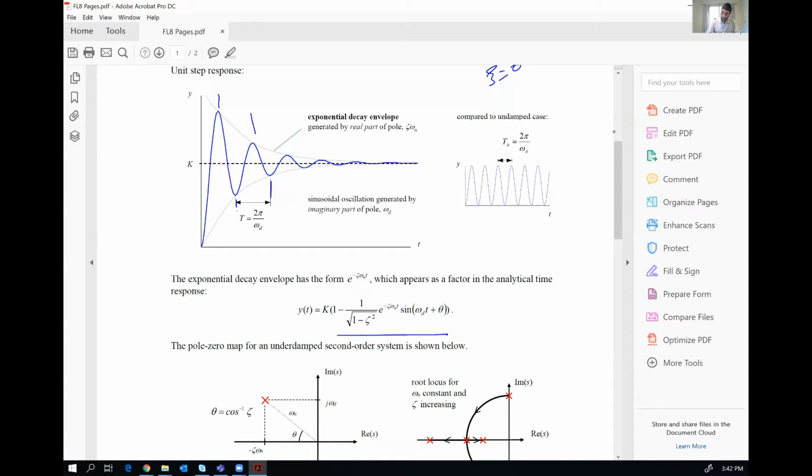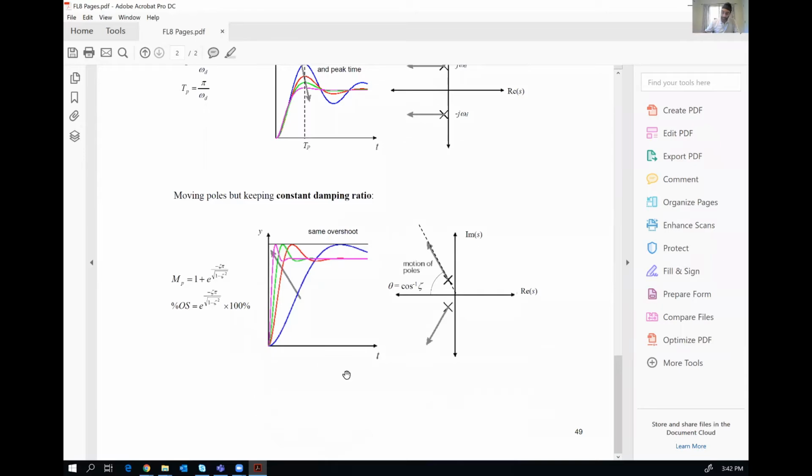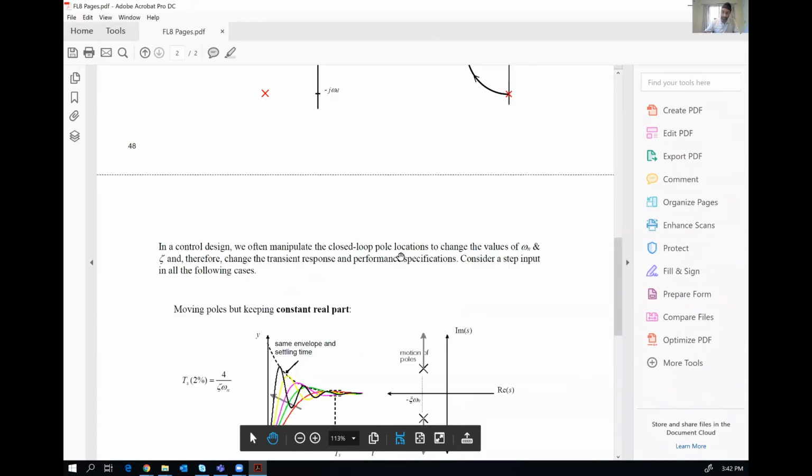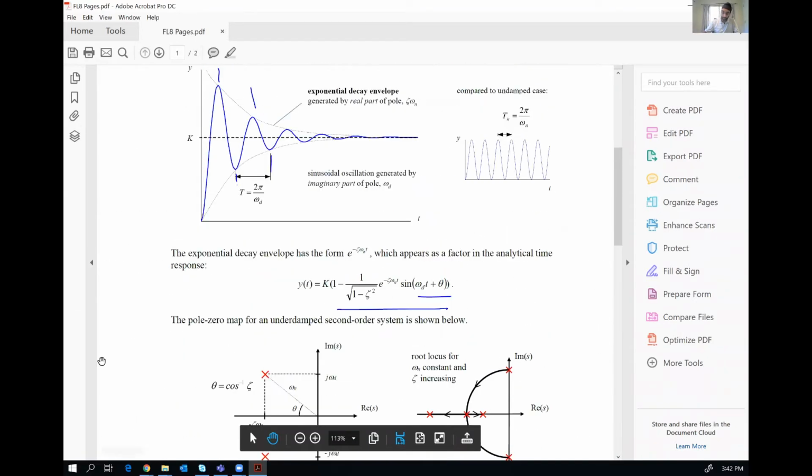In this response, we have a constant term, which is determining the steady state value, a sinusoidal term, which is determining the oscillation characteristics, and an exponential term, which is determining how the oscillations decay over time.